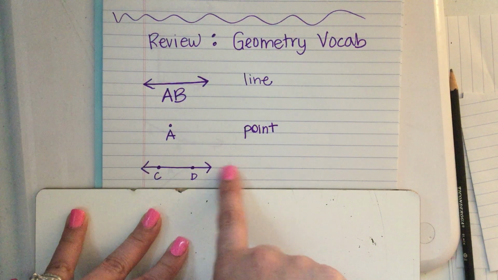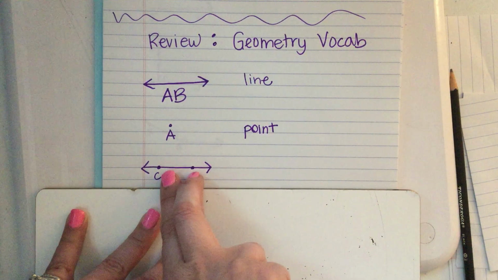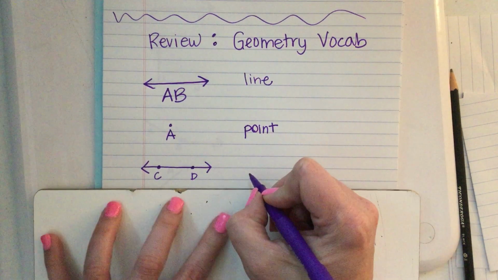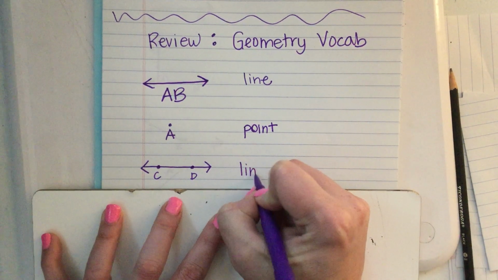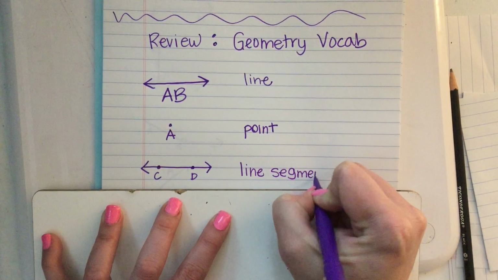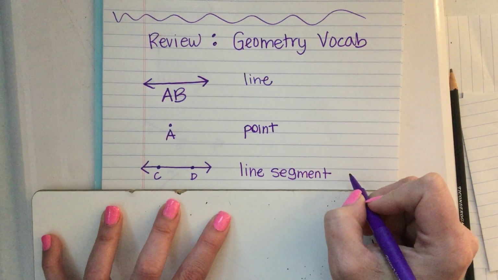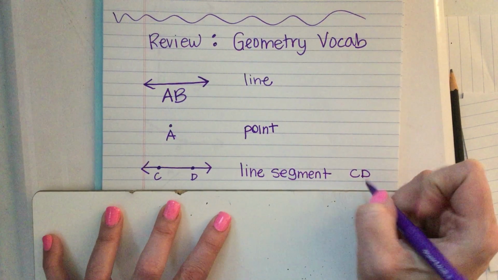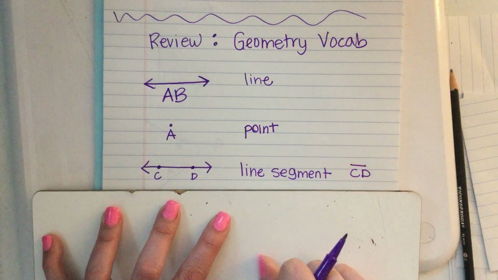Although the line goes on forever and ever, because it's just this middle part, this is what we would call a line segment. And the way that we would identify a line segment is we would write the letters C, D, and then put a line over the top.